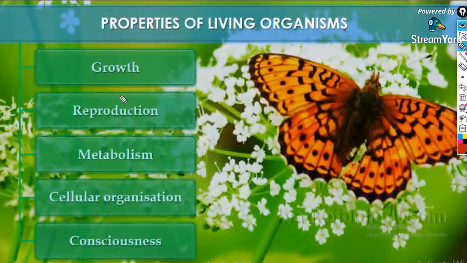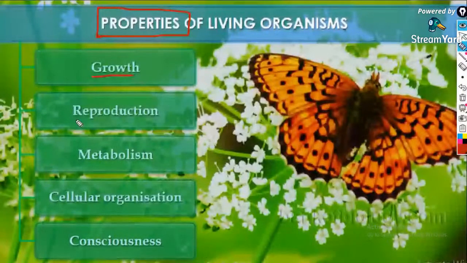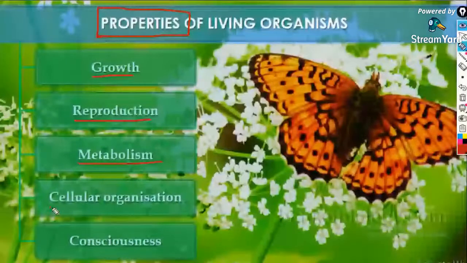Next, we discussed the different properties of a living organism. What determines whether an organism is living or non-living? The first topic is growth. Then we learned about reproduction, metabolism, cellular organization, and the last one is consciousness. We studied that growth can never be determined as the feature or property of a living organism.